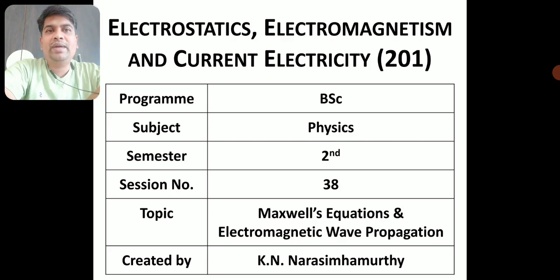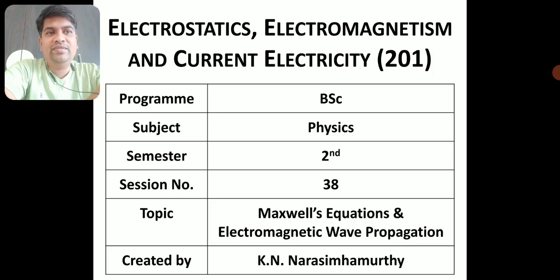Maxwell formulated these laws, the laws of electrostatics and magnetostatics, like Gauss law, Ampere's law, and Faraday's law. He modified these 4 important laws into 4 different sets of equations, and they are called Maxwell's equations.